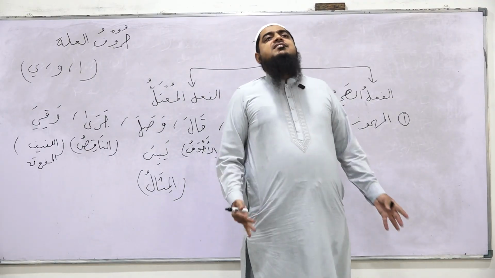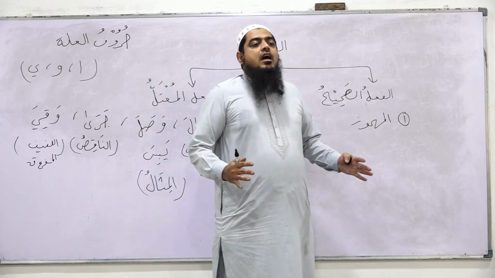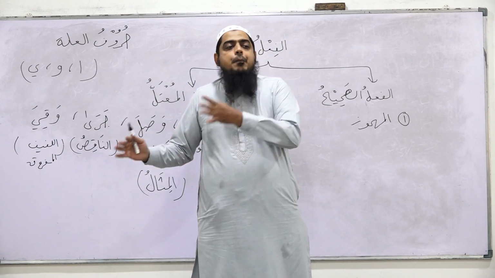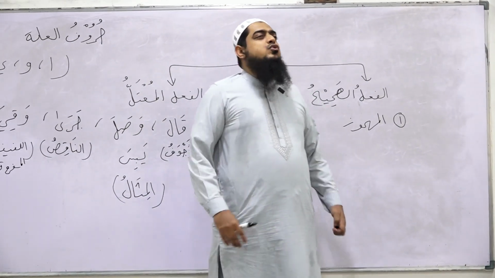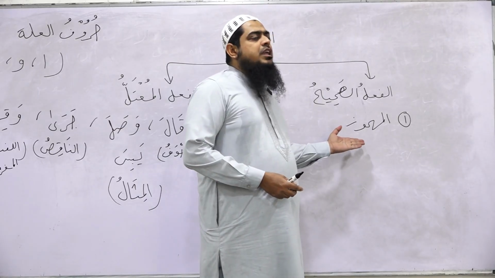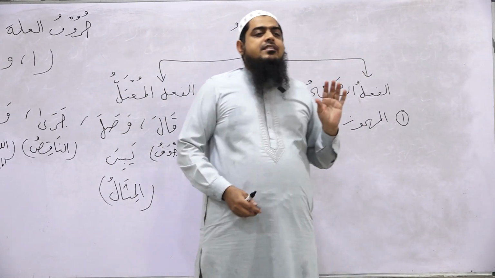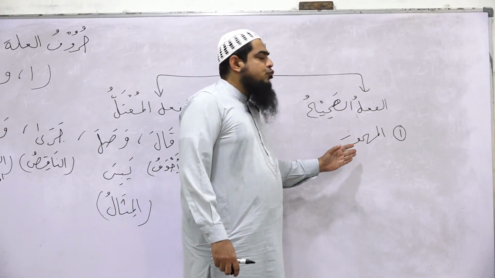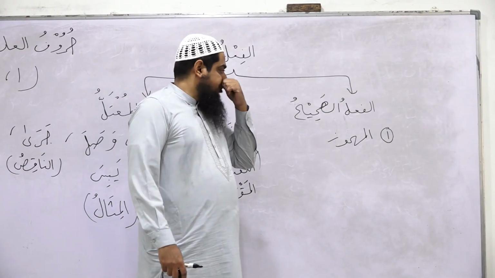A fi'l which has hamza, whether it is in fa or ayn or lam. Then this is called al-fi'lul mahmuz. This category is important only in some rare cases. Otherwise it will react like a fi'l sahih. So the first variety in fi'l sahih is al-mahmuz.